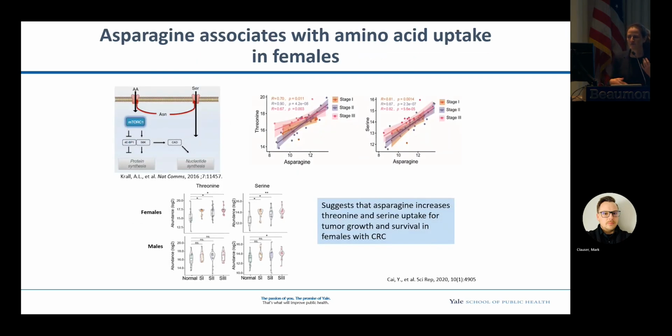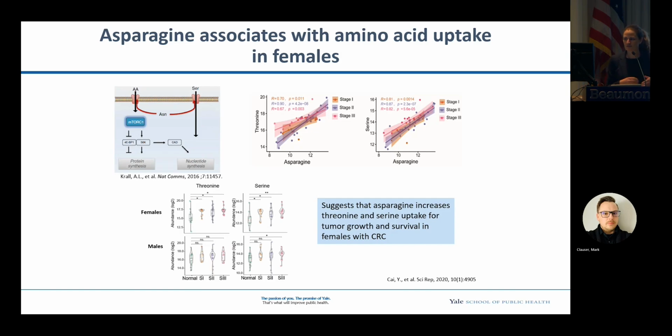Around the same time that we were doing this research, there was another publication which showed that asparagine could be linked to nutrient depletion, and the increase in asparagine could actually be to increase the uptake of other amino acids such as serine and threonine. And this controls mTOR regulation, protein synthesis, and nucleotide synthesis. So we then looked to see if serine and threonine were also increased in these tumors.